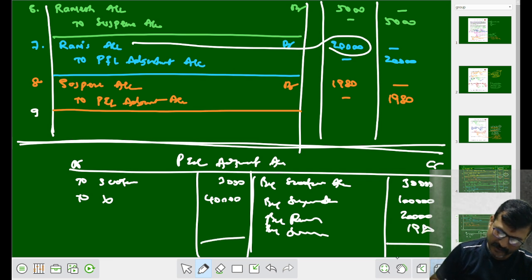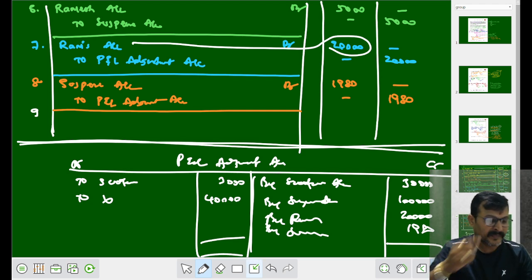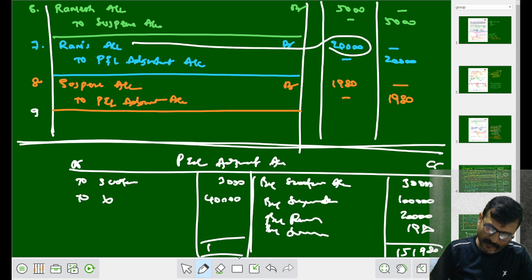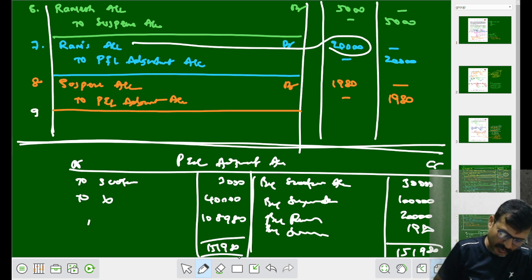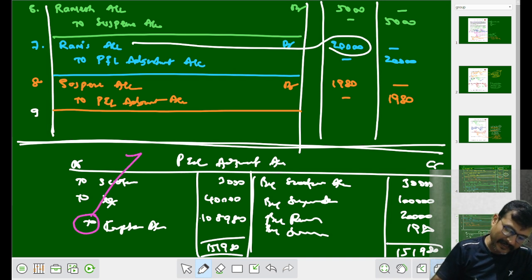Now you close. The credit side is more, 1,51,980. Here we are getting 1,51,980. Close it. It comes to 1,08,980. This is to be transferred to which account? This is to be transferred to capital account. When you have taken the amount in the debit side of P&L adjustment, it goes to the credit side of journal.